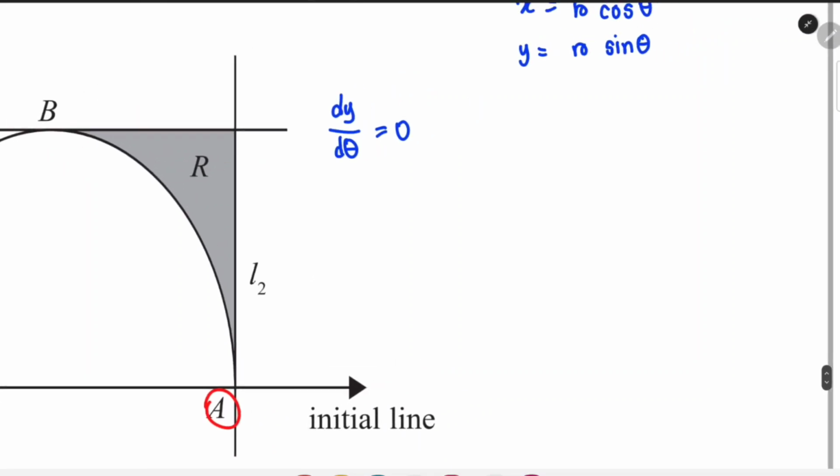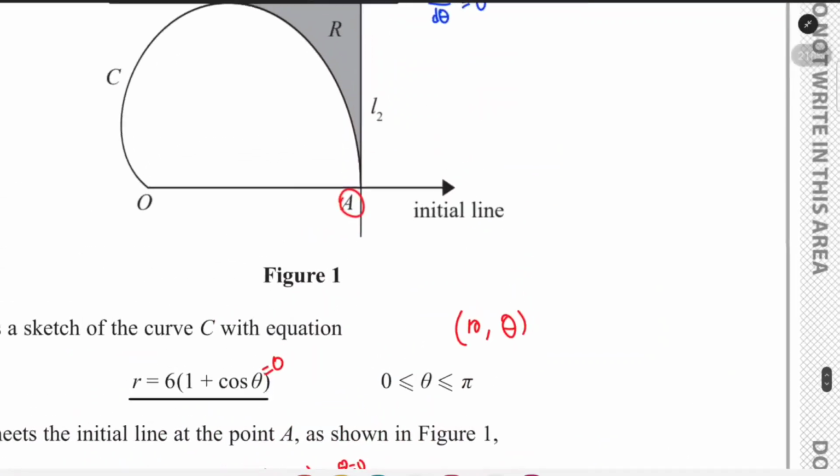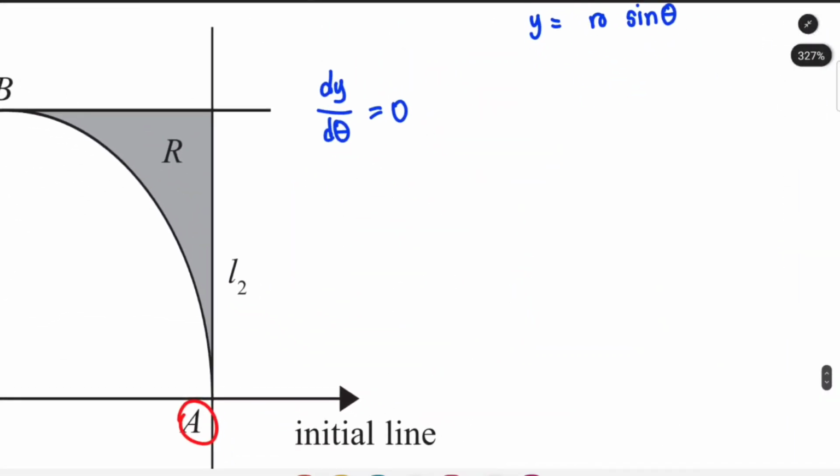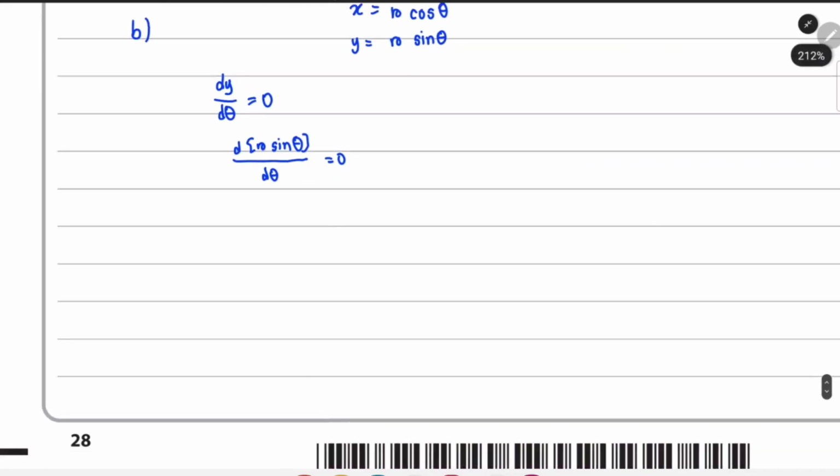Now we know that dy by d theta is 0 for line L1. So d by d theta of r sin theta equals 0.